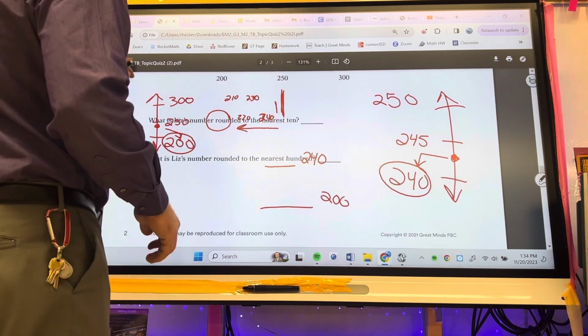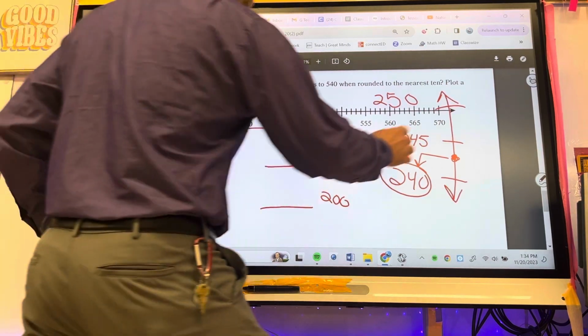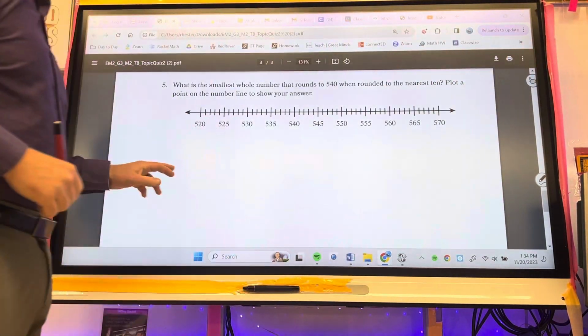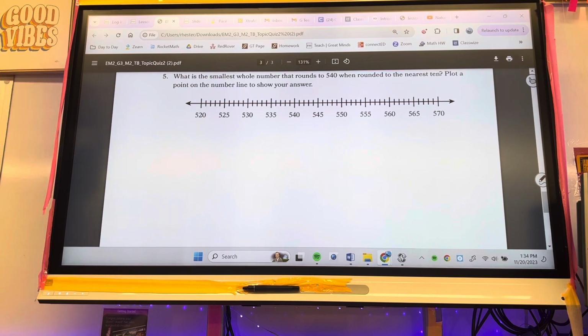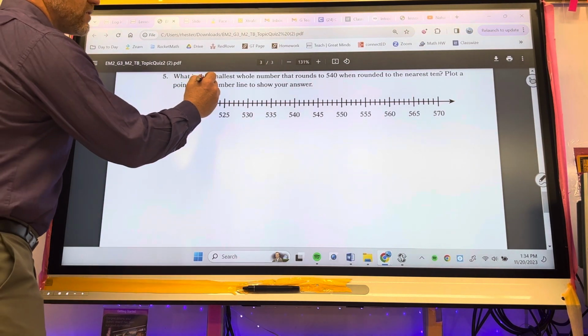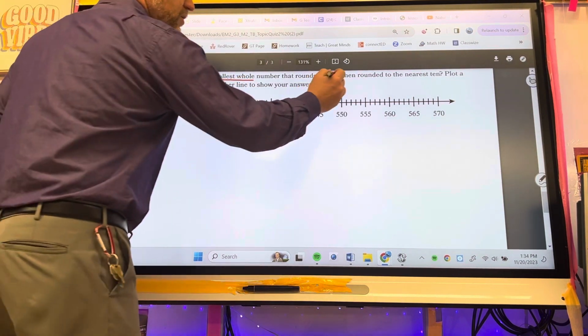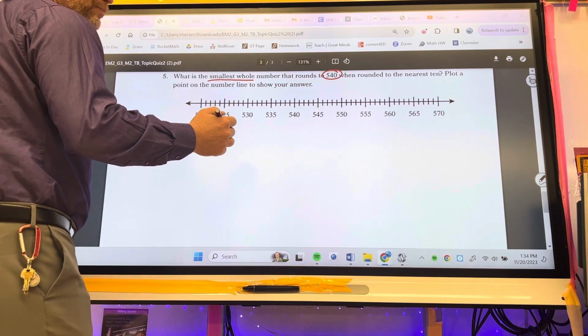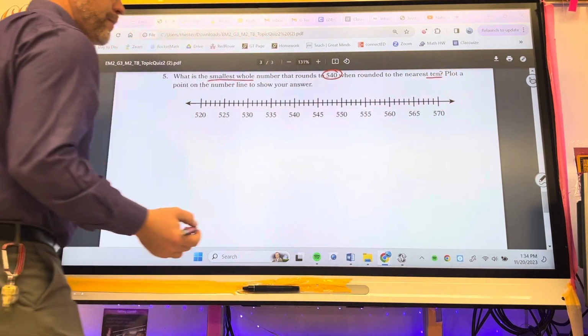Now we're going to go to number 5, and this one can be a challenge. What is the smallest number that rounds to 540 when rounding to the nearest 10?